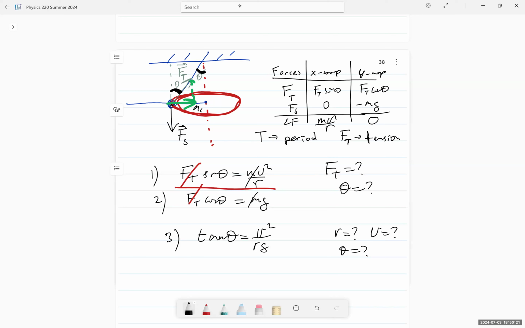There's also equation 4 that is very useful in this context, where speed is equal to 2 pi r over period t. If I give you radius, but not speed, but I give you period, you can use equation 4 to solve for speed, then move back to equation 3, solve for theta, move back to equations 1 and 2, and solve for tension.